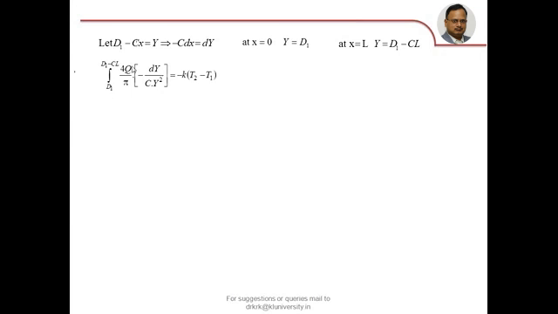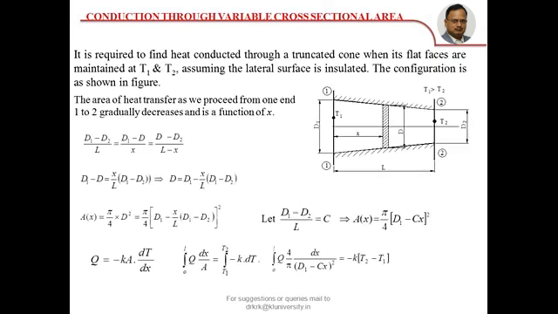So from d1 to d1 minus CL, 4Q by pi, minus dy by C y square, because dx is minus dy by C, equals minus K (T2 minus T1). This is 4Q by pi C, minus dy by y square, from d1 to d1 minus CL, which is equal to minus K (T2 minus T1). Well, let me check one minute. The sign changes here.